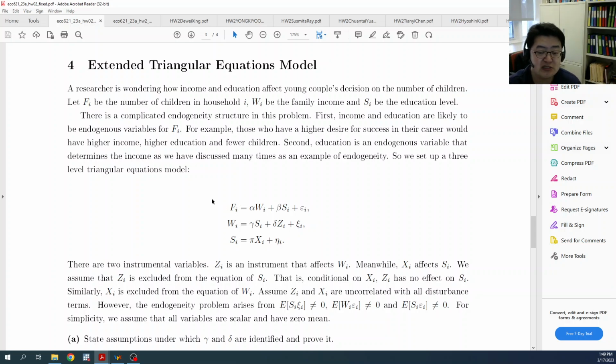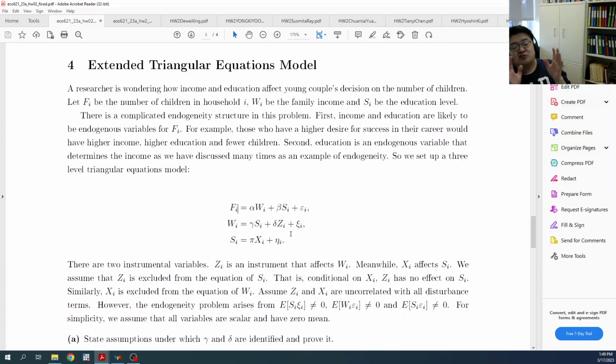The reason why I'm considering this extension is because when there are only two equations, you may think it's too obvious, right? That's obvious. But when it becomes a three equation system, then you have to think about what kind of assumptions are needed and when the model is identified and when not.